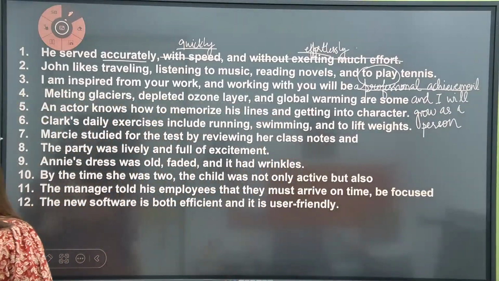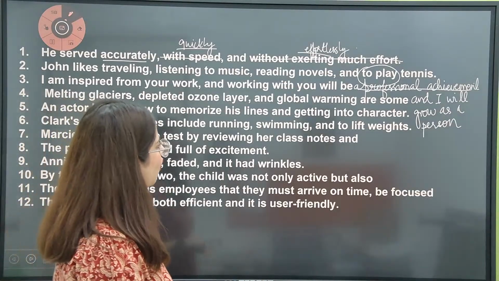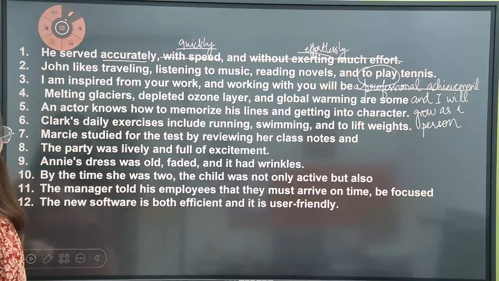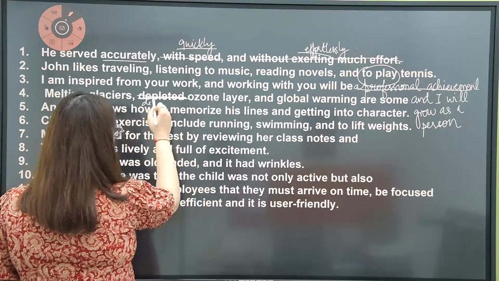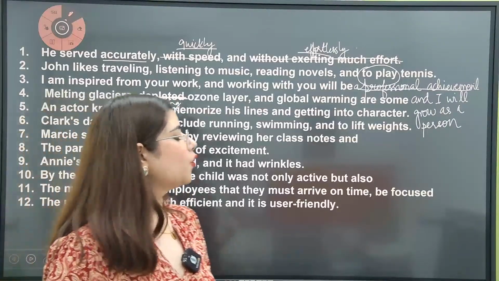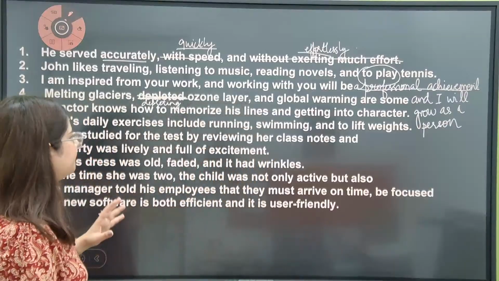Next, melting glaciers, depleted ozone layer, and global warming are some challenges that we face. So, melting glaciers, depleting ozone layer, and global warming are some challenges that we face.